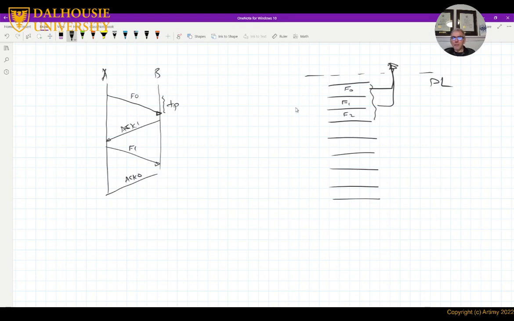If a frame is not received correctly, let's say frame 0 is received correctly and put in the first slot, then frame 1 is lost, and frame 2 is received instead. Now, if frame 2 were put here, this means that I am leaving memory unused until frame 1 comes, right?